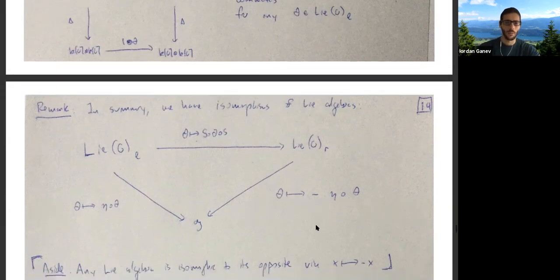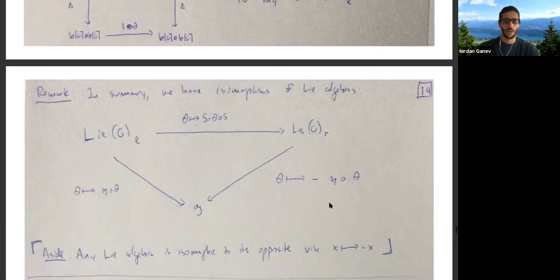When thinking about this minus sign, it doesn't affect the Lie algebra structure. In fact, there's this general fact that any Lie algebra is isomorphic to its opposite via the minus sign, multiplication by -1. I didn't say what opposite means.